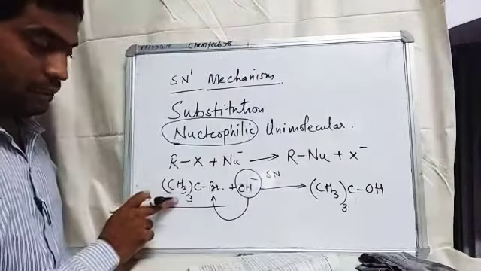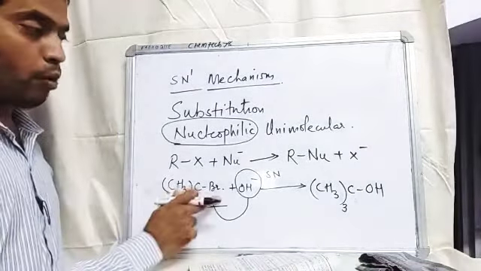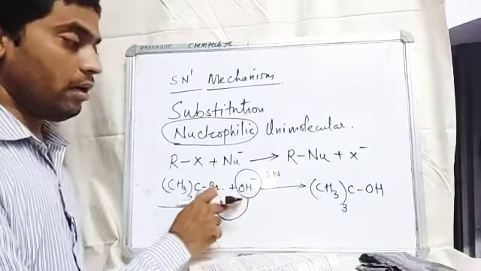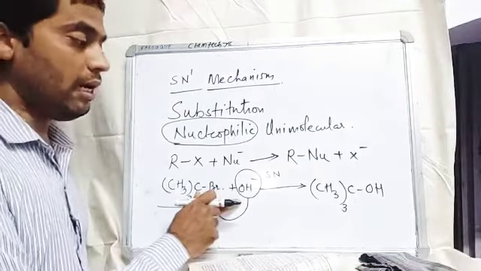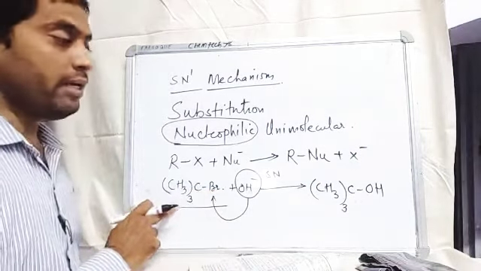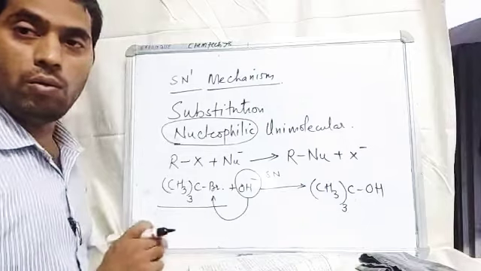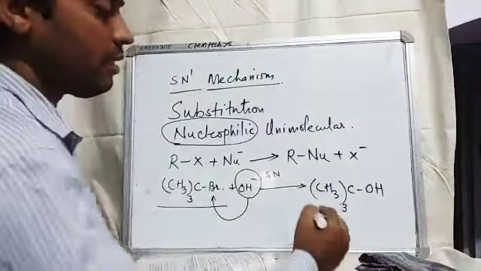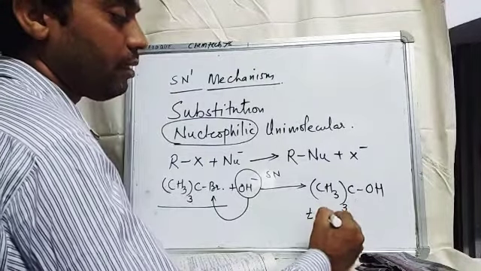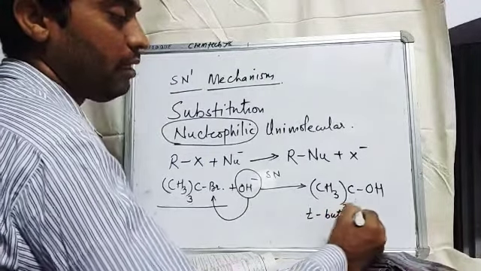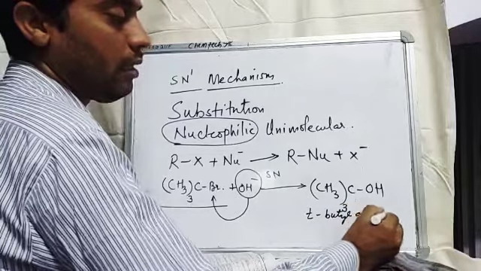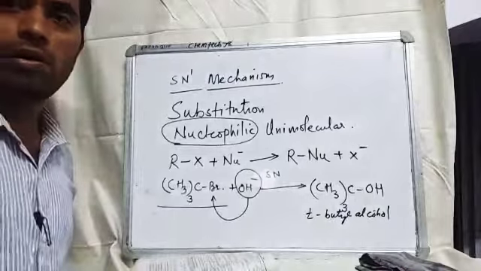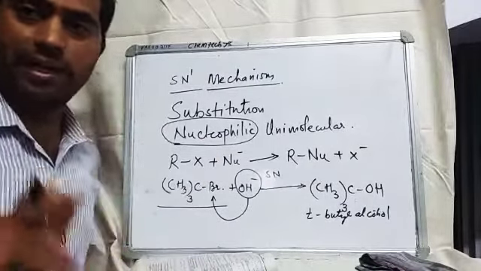This is tertiary butyl bromide, and after the attack of the nucleophile, that is the hydroxyl ion, this tertiary butyl bromide is converted into tertiary butyl alcohol. Now how this reaction is going on, we will see in the mechanism.